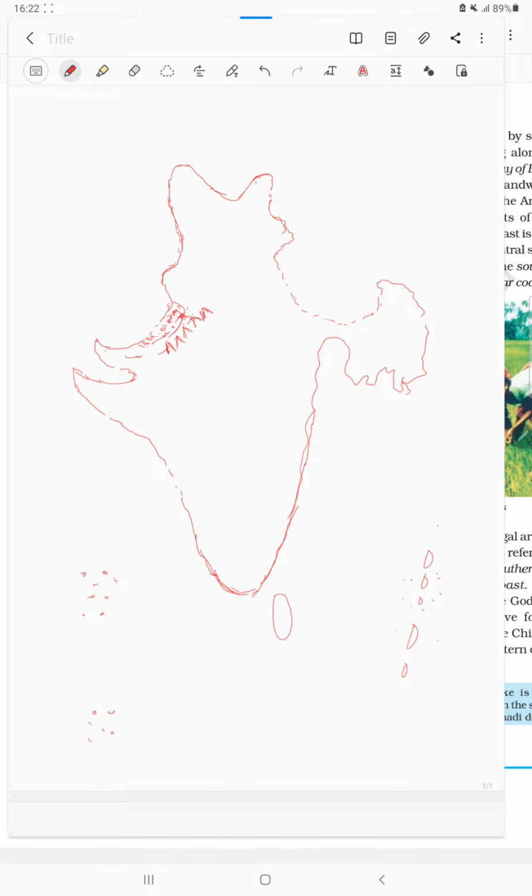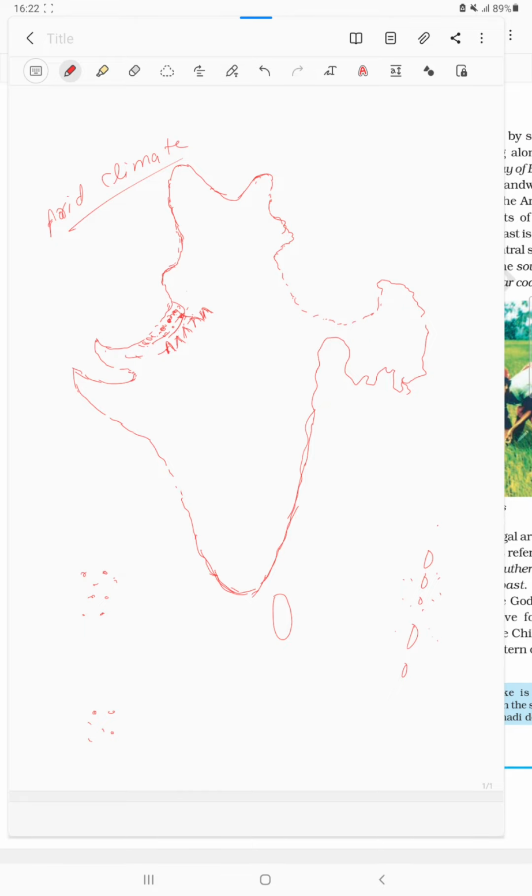In this region there is an arid climate. Arid climate means there is low rainfall.